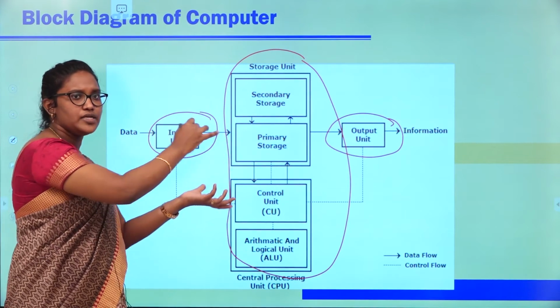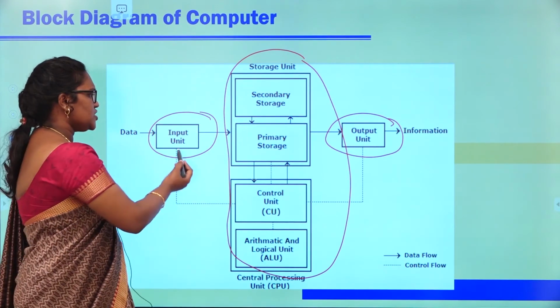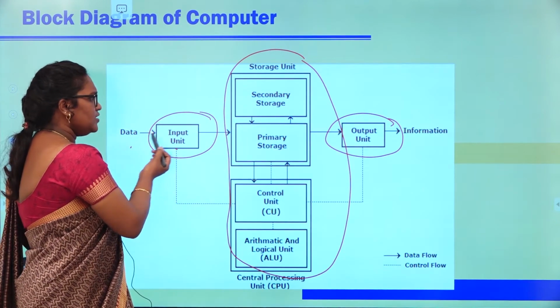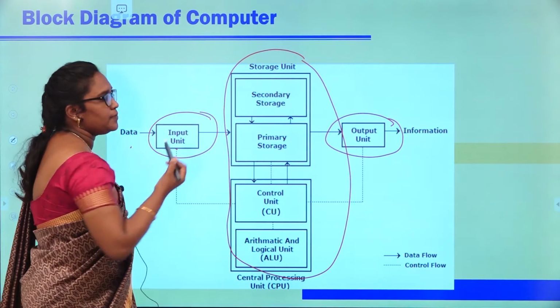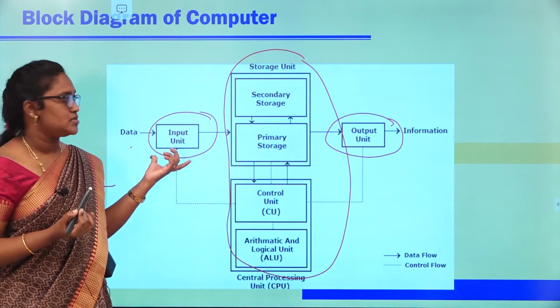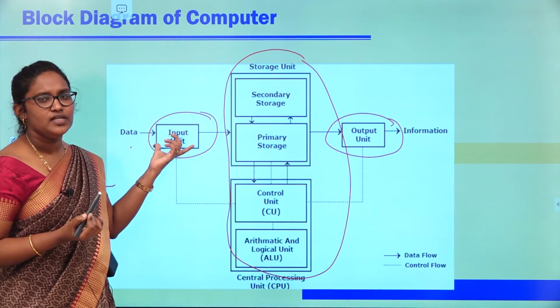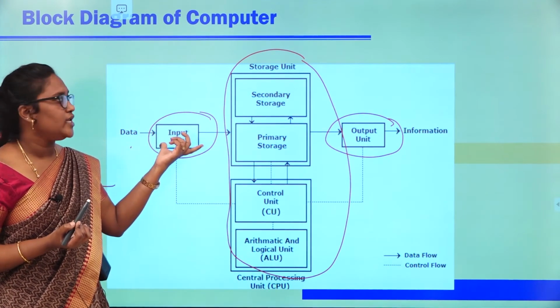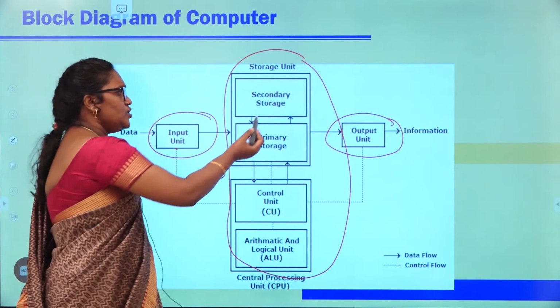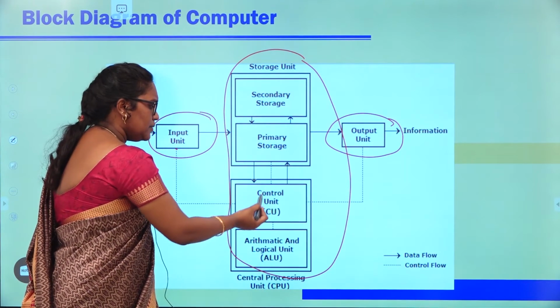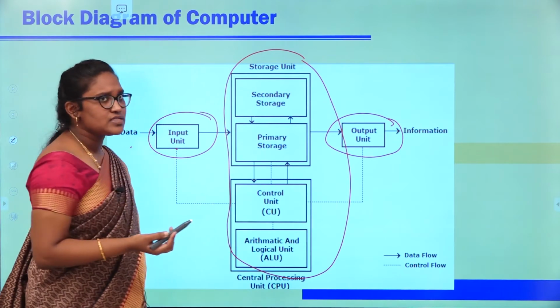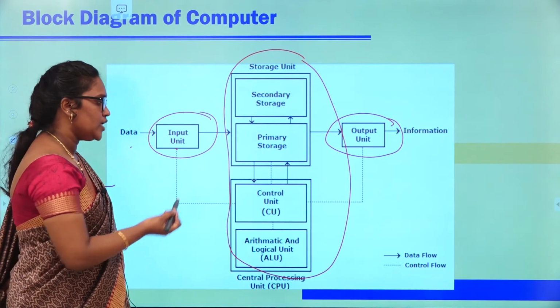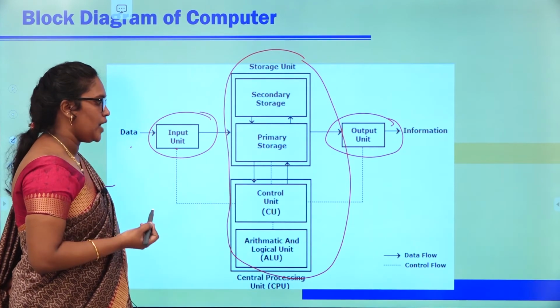First, you are giving the input to the CPU. Input to the CPU means you are giving data as input with the help of an input device. So here you come across three parts. We will see each and every part in detail.